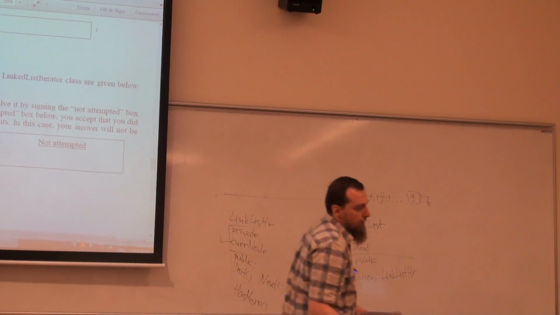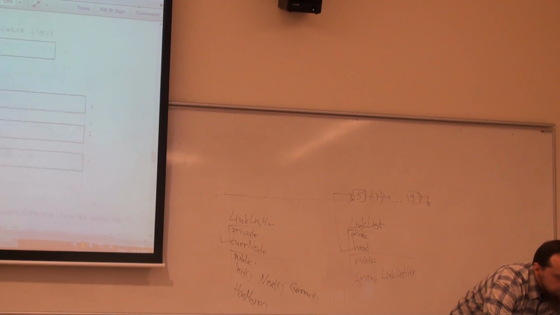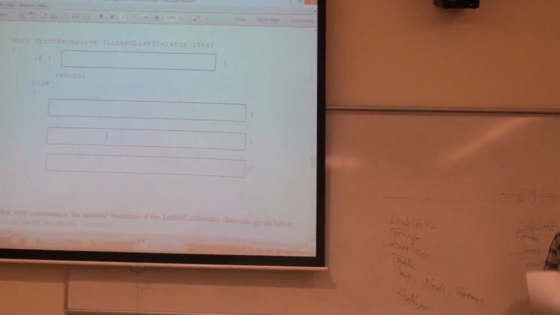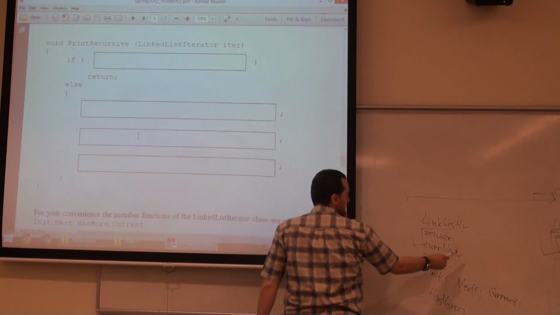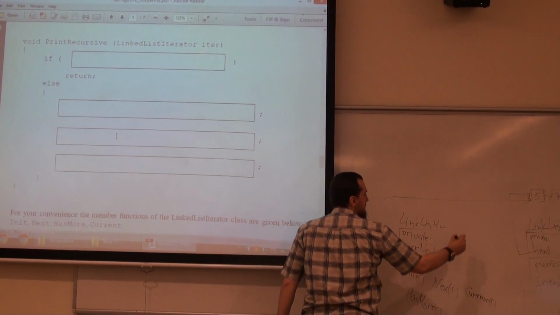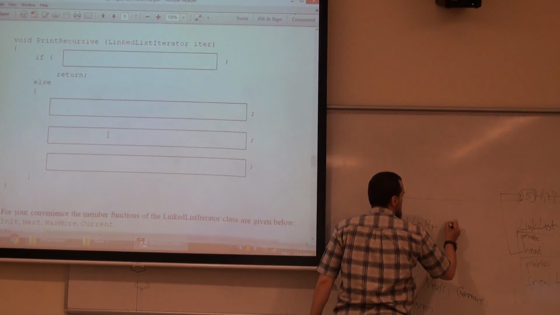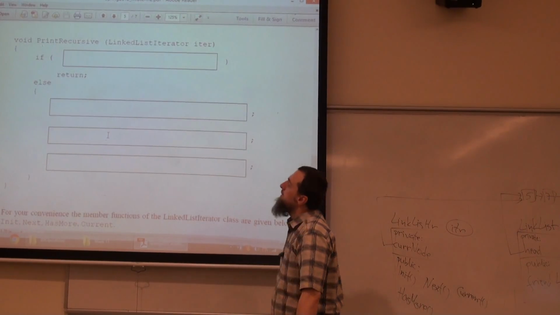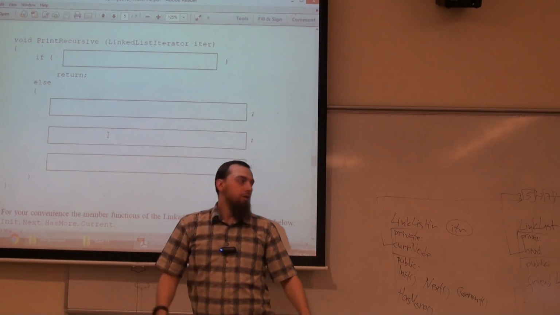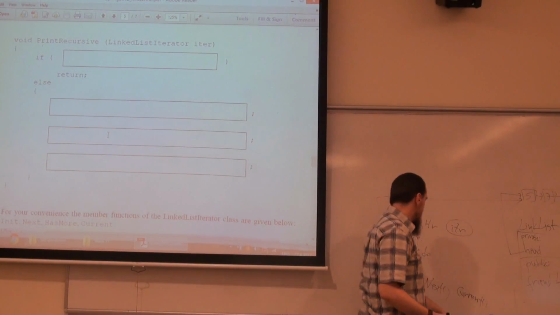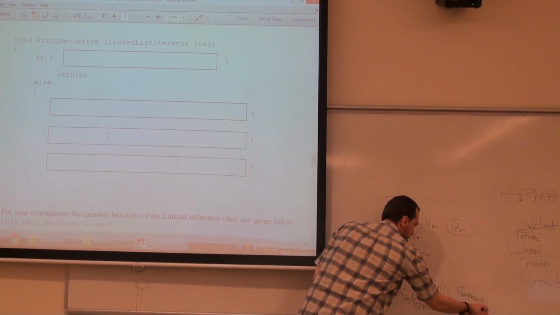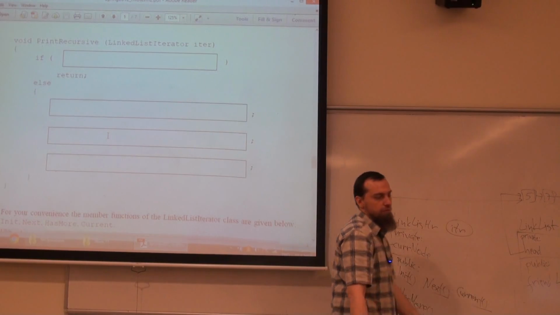What you are asked here is the following. We have a function which is called print recursive. It takes an iterator, which is called ITR in our case. This is the name of the object. And you should print this list in recursive order, having in mind those functions here. Maybe you don't have to use all of them, but some of them.